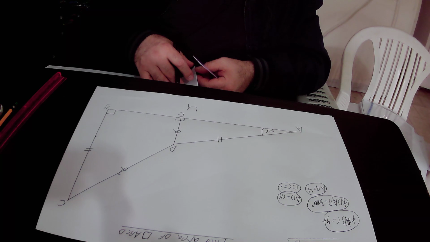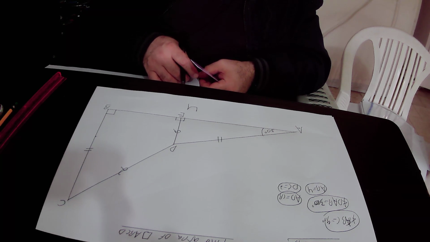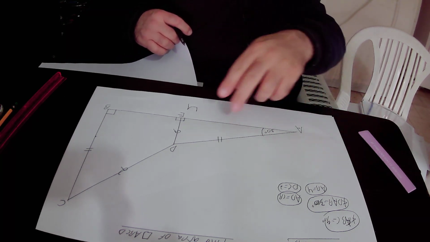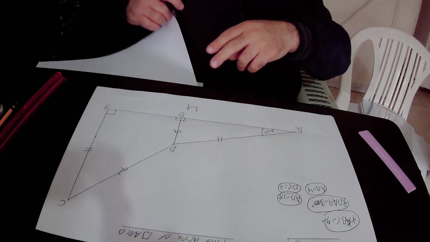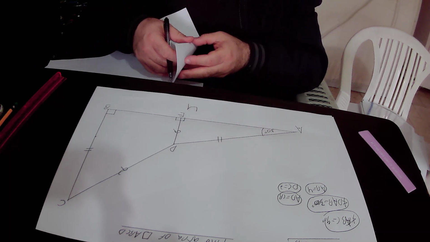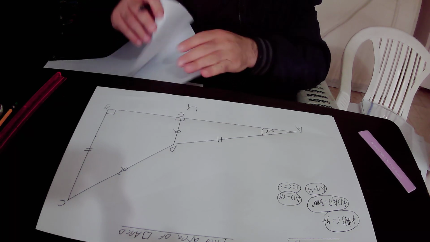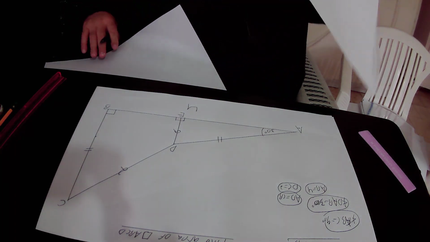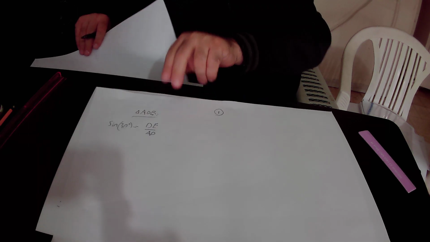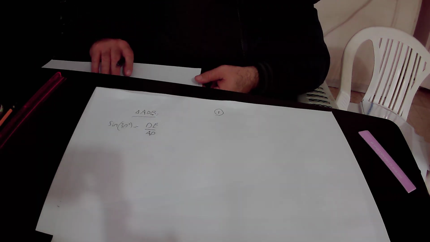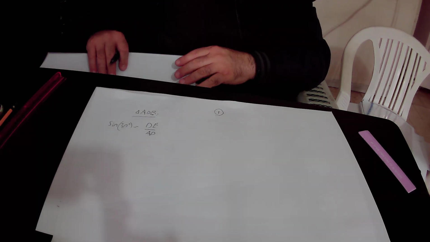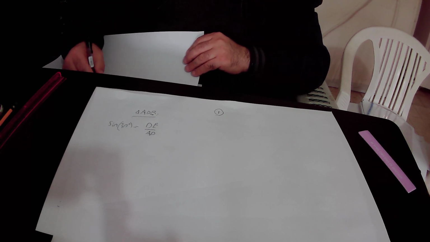I will repeat again. In this triangle ADE, sine 30 degrees equals DE over AD.